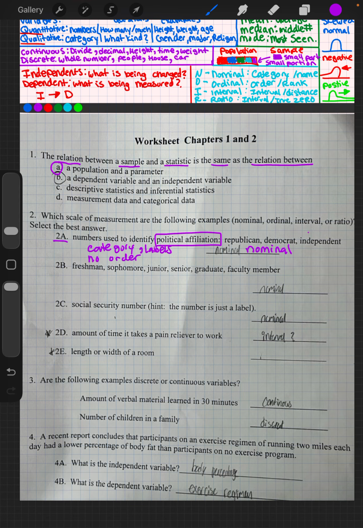The second one is gonna have to be ordinal. If you look over here, it's an order and rank. These are higher level, these are lower level. There is an order, a ranking system.